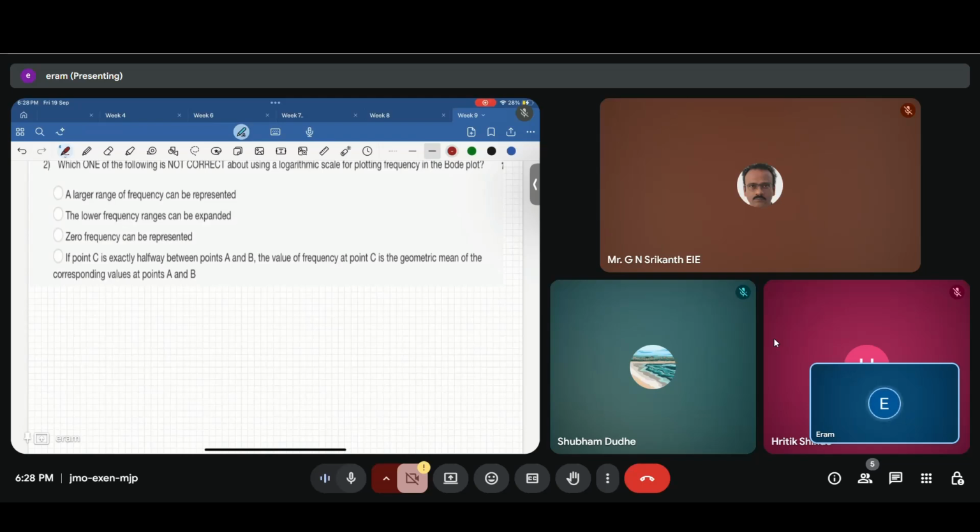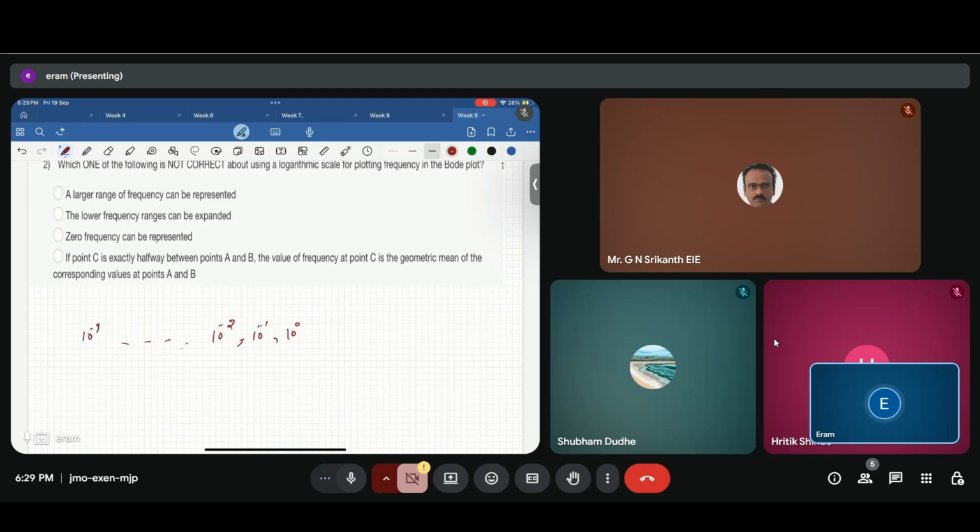No, we cannot represent zero in log scale. Can we do that? The scale is like 10 to the power 0, 10 to the power minus 1, 10 to the power minus 2. How low can we go? That will always be some value.